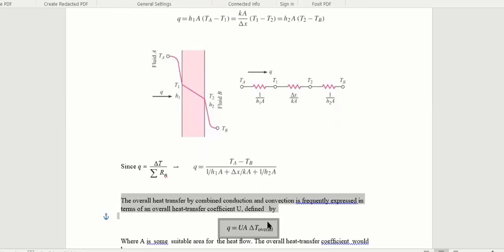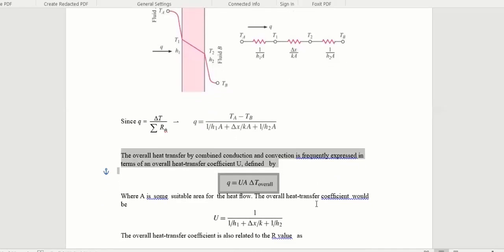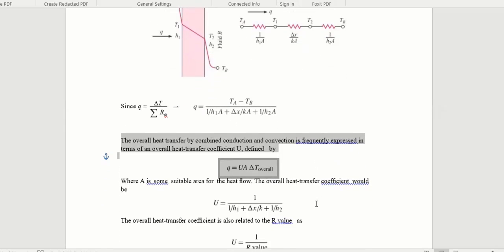So now this is the definition. Okay, I'm just highlighting: the overall heat transfer combined by conduction and convection is frequently expressed in a term, and that term is called the overall heat transfer coefficient, denoted by U. So what is the formula when we will be utilizing the overall heat transfer?